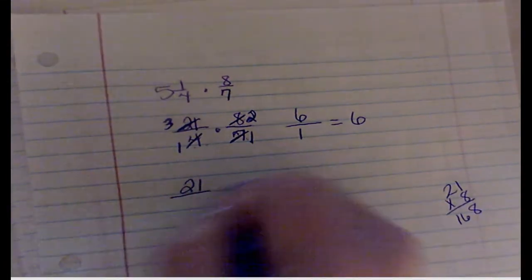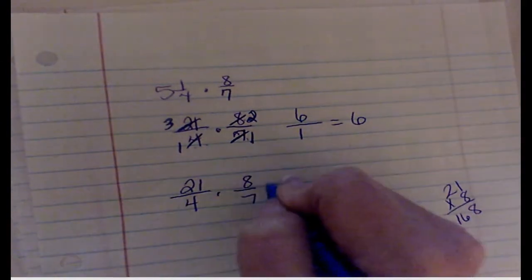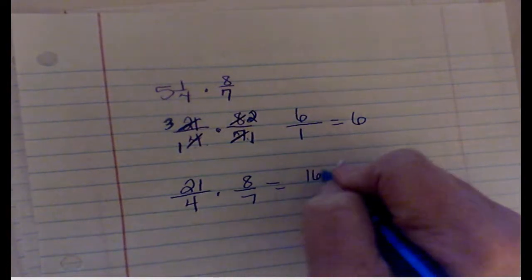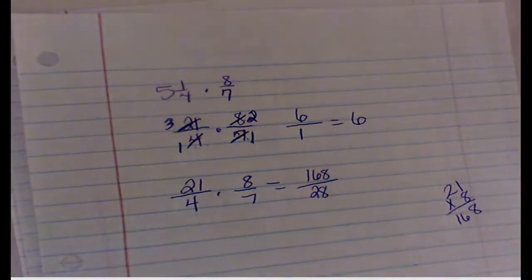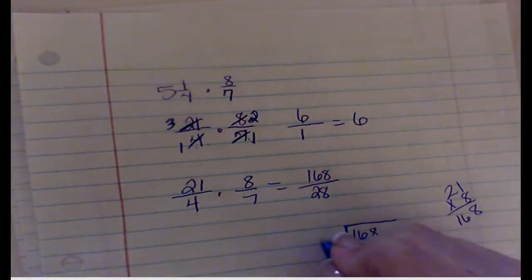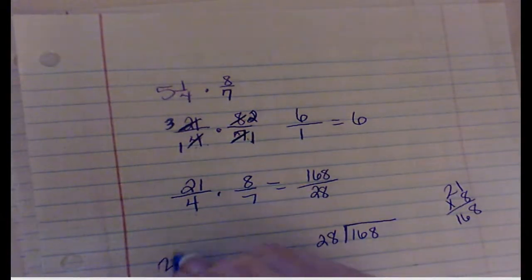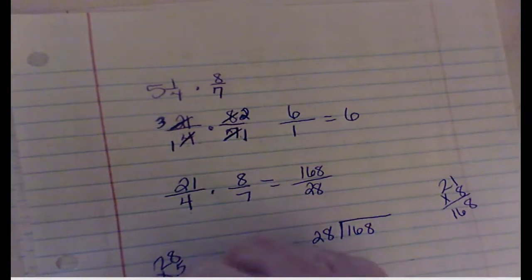Now if I did not want to cross simplify, I could do it this way. 21 times 8 is 168. 4 times 7 is 28. That's an improper fraction, so then I would have to divide. 168 divided by 28. So this is where I would have to do a little bit of work. 28 times 5 is 140.